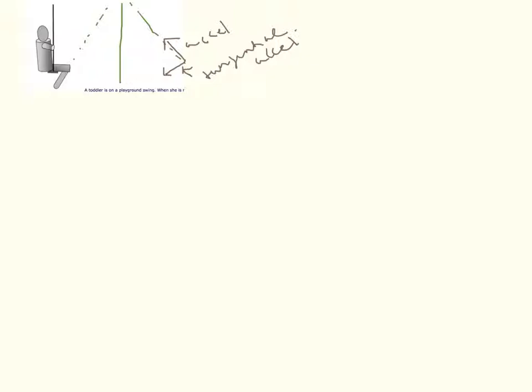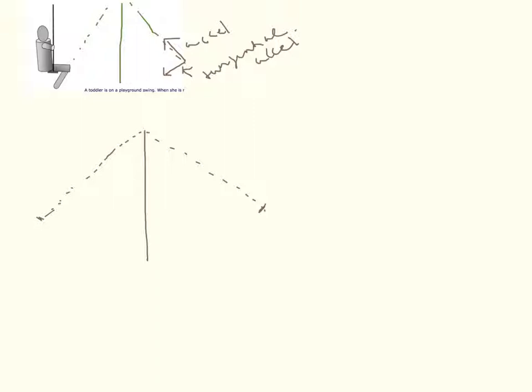Okay, so if we think of this center point that she's going around, this is when she's hanging straight up and down, and then she's going to move like a pendulum, up to her maximum point. This will be her maximum height when all the energy has been converted into potential energy. And same thing here, this will be her maximum height on this side.